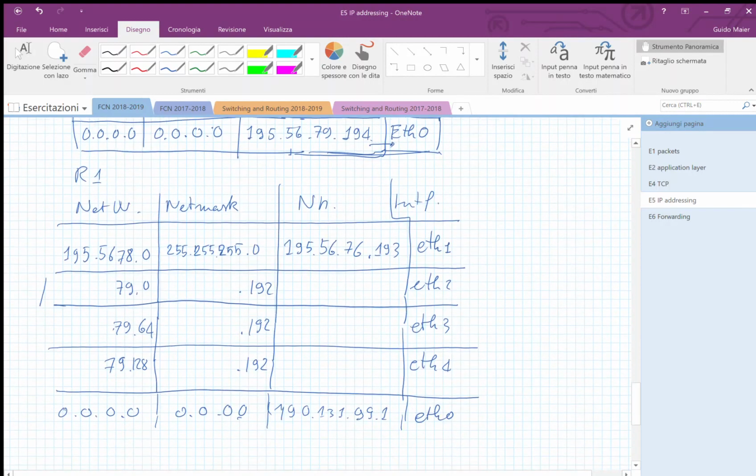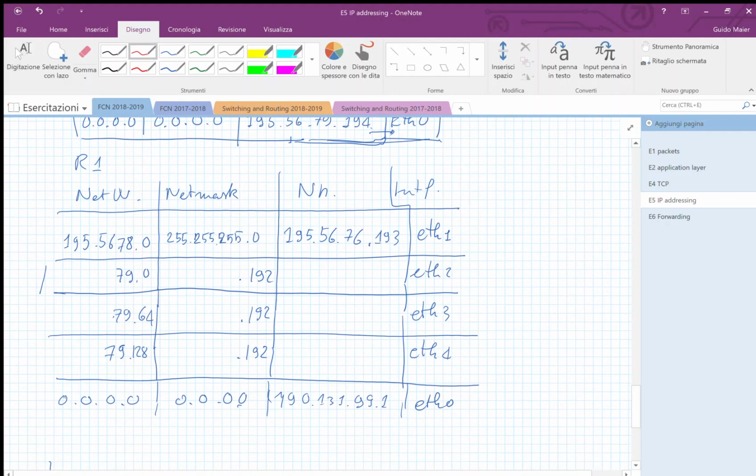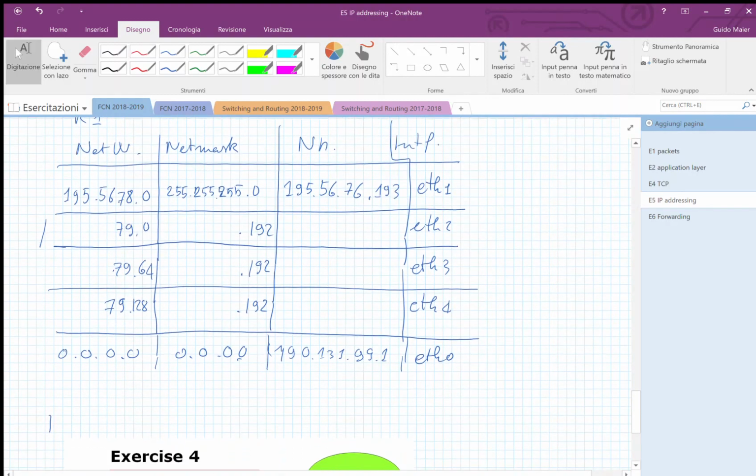So in this case, we could simplify this routing table by adopting the supernetting procedure, because here we have that the first entry is a 78. Okay. So it is 0, 1, 0, 0, 1, 1, 1, 0. The second entry is a 79. Okay.